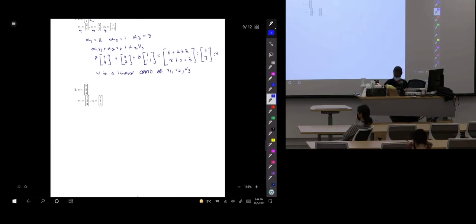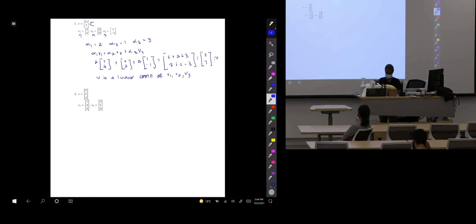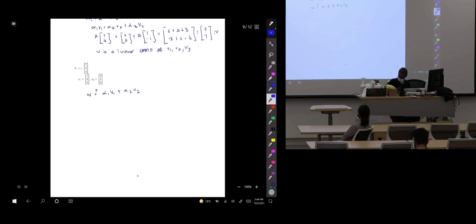Okay, awesome. So moving on to the next example. We're going to do a similar thing here. So the first thing we're going to write is, what we're trying to figure out is, is V a linear combination of V1 and V2, right? And so we can go ahead and substitute in the V's with our actual vectors. Alpha 1 times (1, 2, 3), plus alpha 2 times (2, 1, 0).